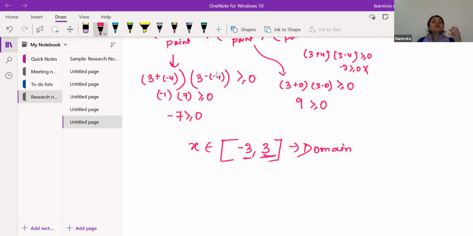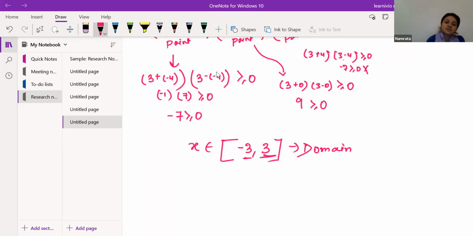From where will you get the value of x? Just treat your inequality as an equation. Once you treat it as an equation, you will be able to solve it, and you will get a few values of x. Drop those values of x on your real line, and you will get the intervals. Then you have to check which interval is true and which is false. The interval which is true will be the domain.